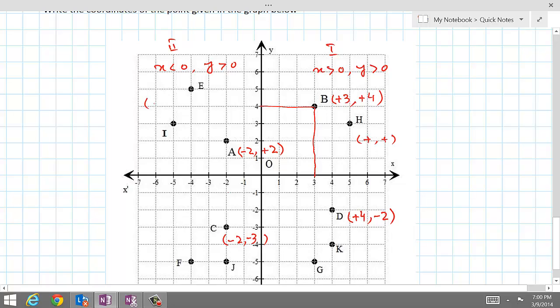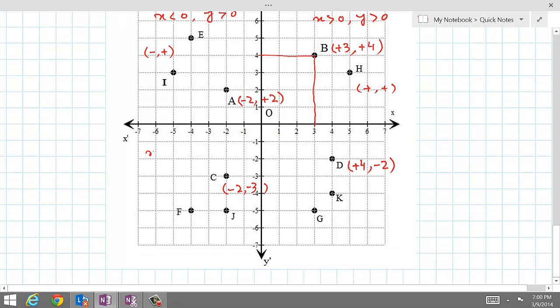You can say this is negative abscissa, positive ordinate. Similarly, for the third quadrant, x is less than 0, meaning negative, and y is less than 0, meaning y is negative as well. So you can see here the point C has both abscissa and ordinate negative. And in the fourth quadrant, x is positive and y is negative, meaning positive comma minus. So this is how we determine it.